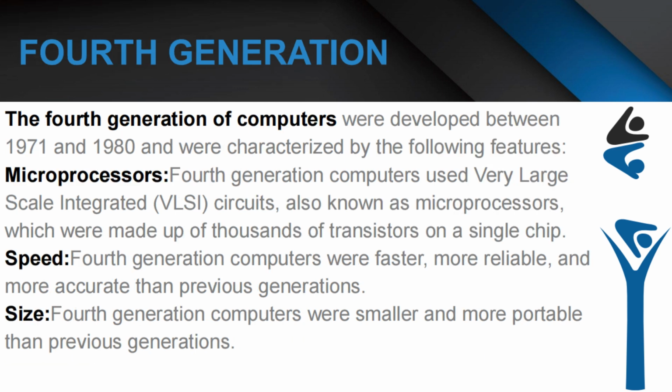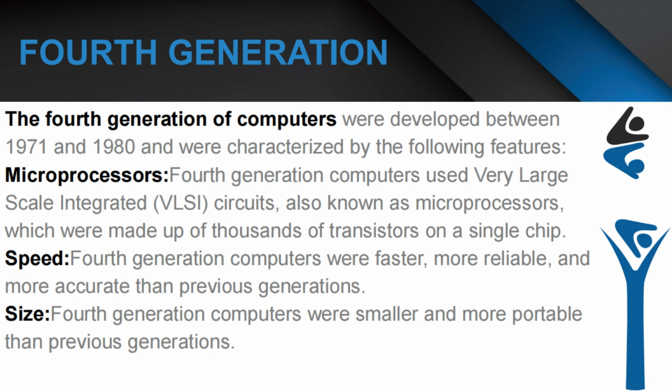Fourth generation. The fourth generation of computers were developed between 1971 and 1980 and were characterized by the following features. Microprocessors: fourth-generation computers used very large-scale integrated, VLSI, circuits, also known as microprocessors, which were made up of thousands of transistors on a single chip.